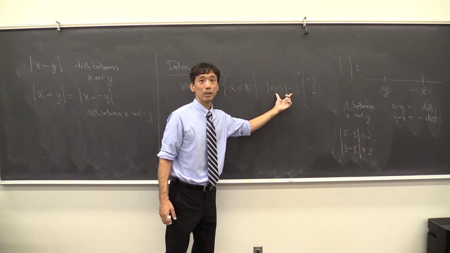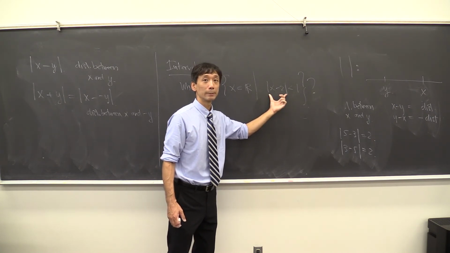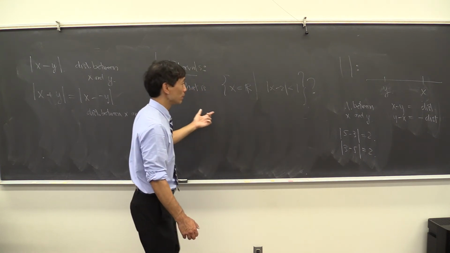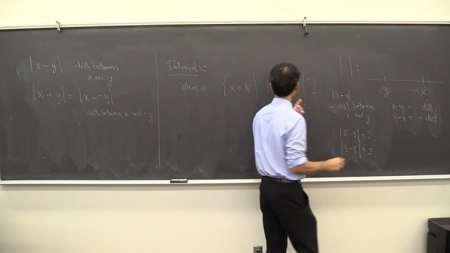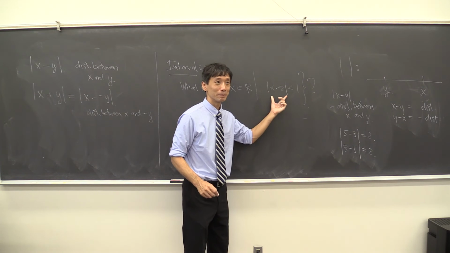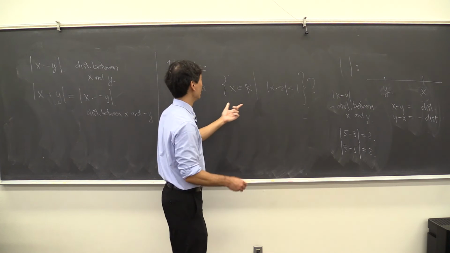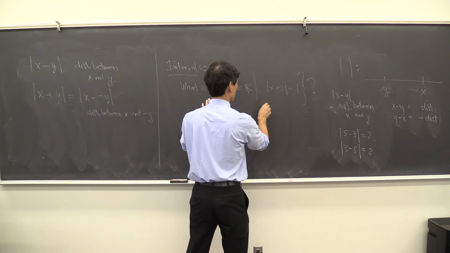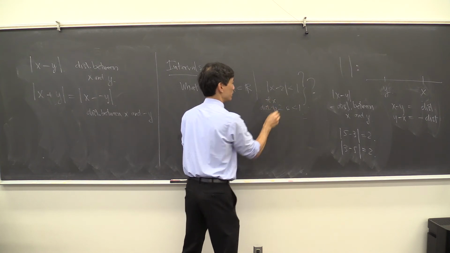So if I translate into distance language, what's this thing on the left here? The absolute value of x minus 2. Well, in terms of distance, remember, the absolute value of x minus y equals the distance between x and y. So this is just the distance between x and 2. It's the set of x for which the distance to 2 is less than 1.